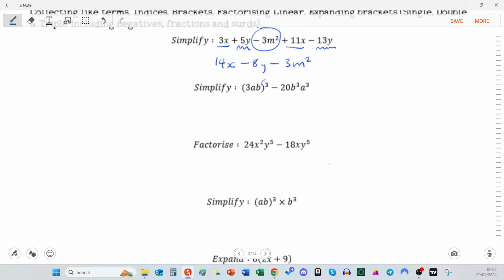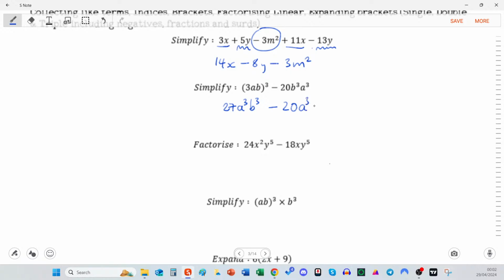So if you've got a bracket with an index on the outside, this cube applies to all three terms on the inside as long as they're being multiplied together. So this is going to be 3 cubed, which is 27, a cubed, b cubed, take away 20, b cubed, a cubed.